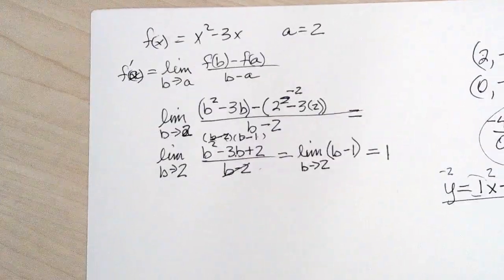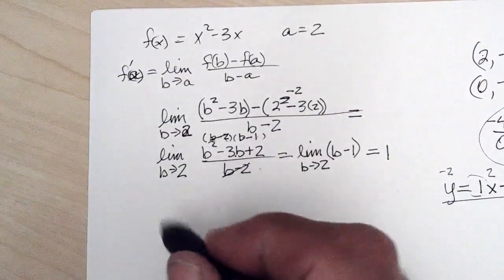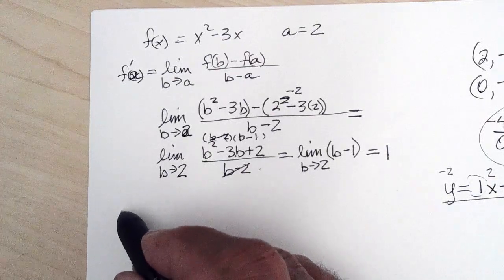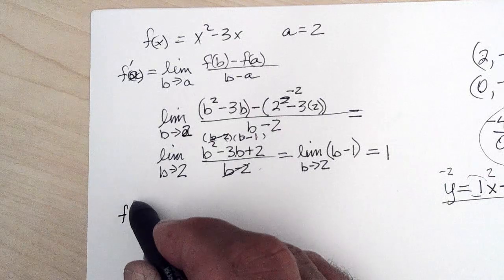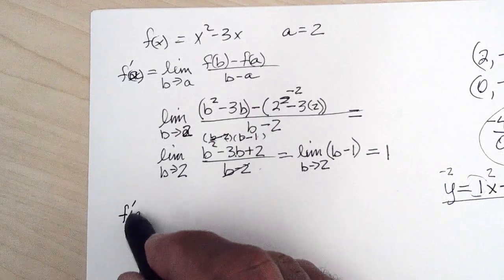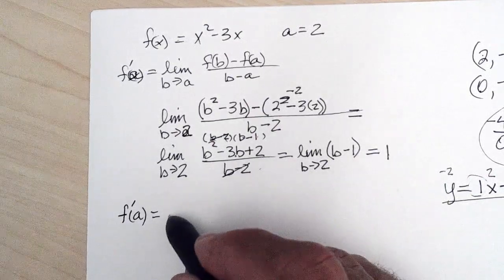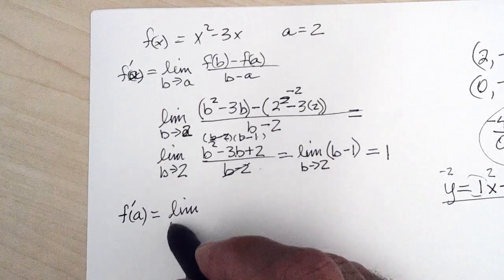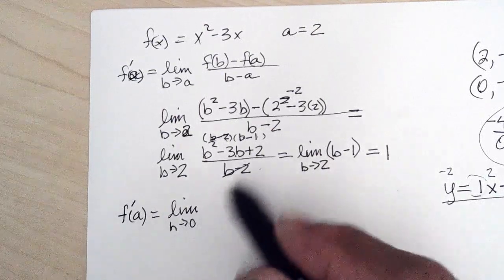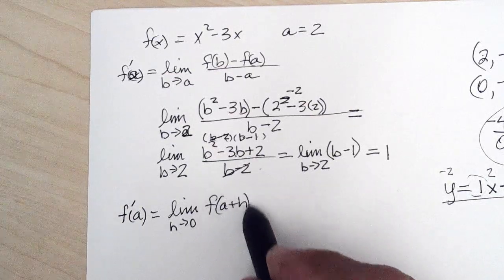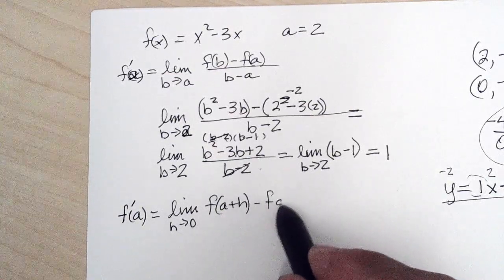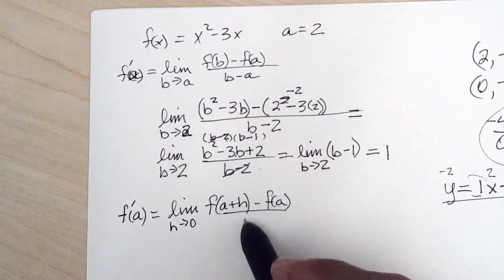Okay, let's do the other formula, the one that generally works easier, and the one that I would expect most of you to try most often. The limit as h approaches 0 of f of a plus h minus f of a over h.